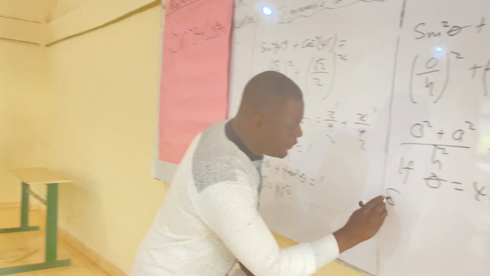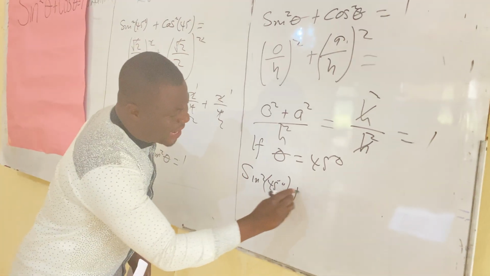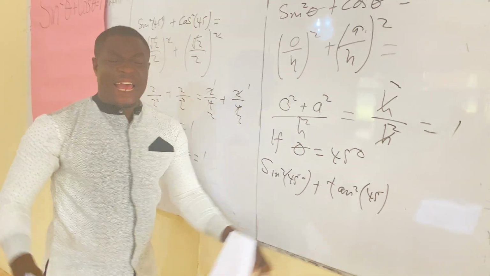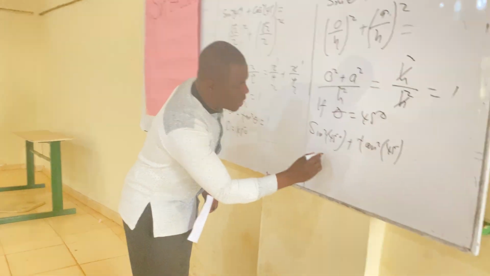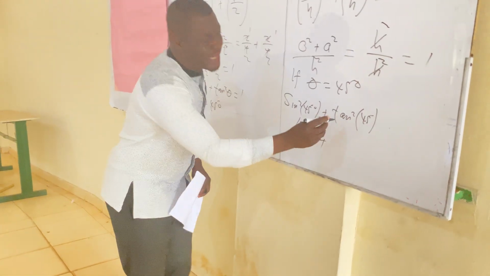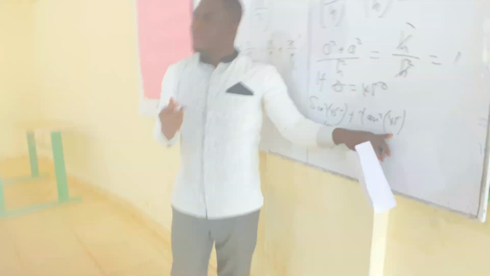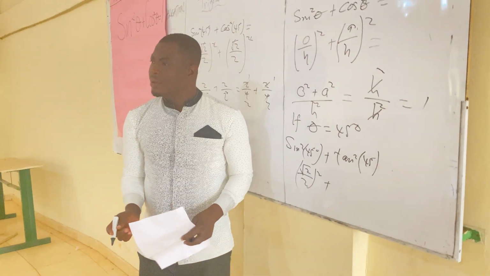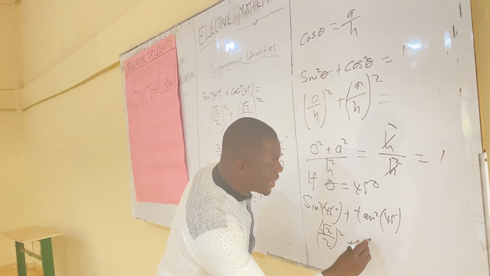So if you have sine square 45 degrees plus tan square 45 degrees, sine will give you root 2 on 2, square, plus tan 45 will give us 1, and it is squared.